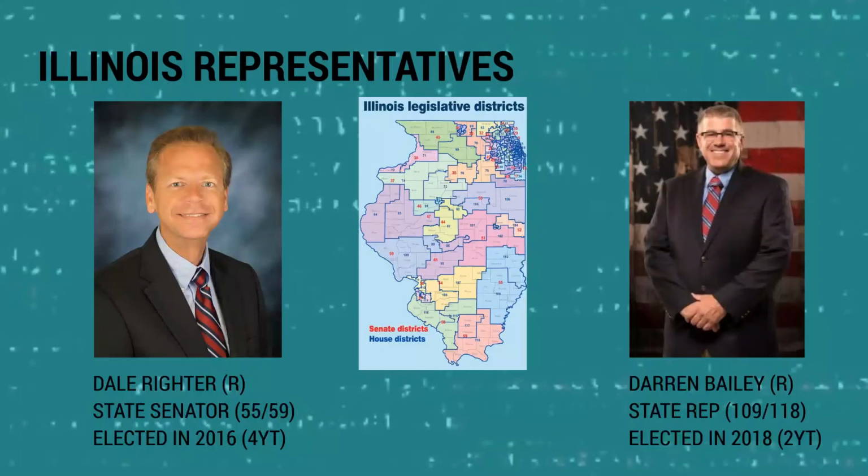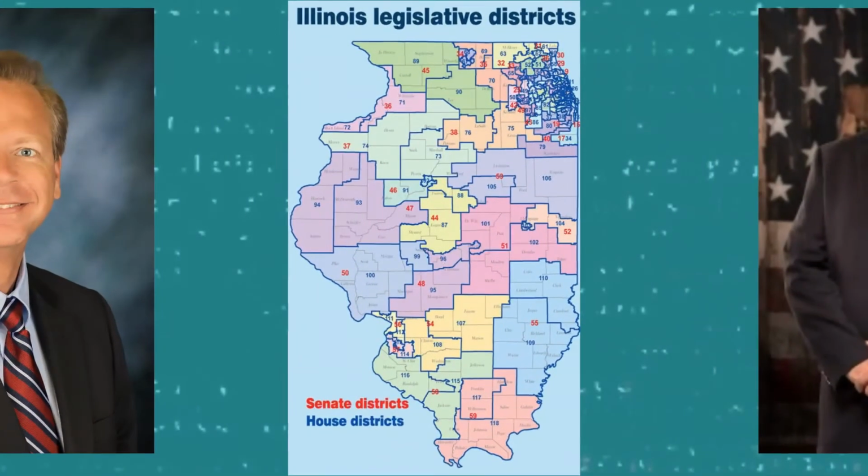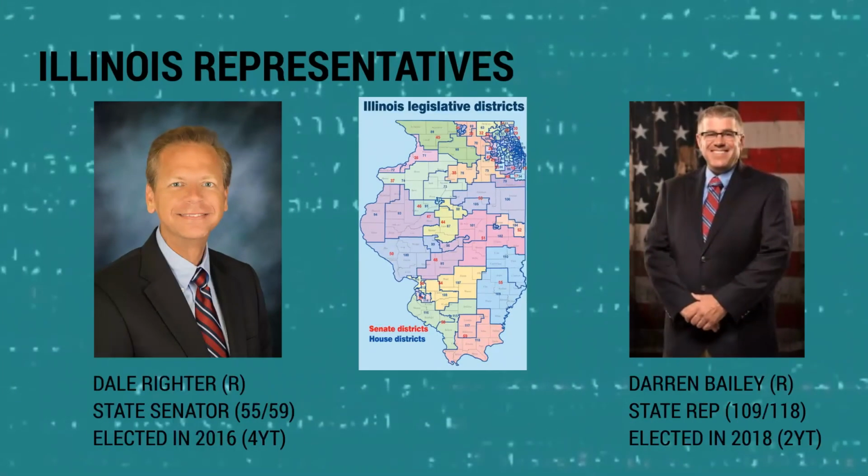We are in the 109th district when it comes to our House. If you look on the map there, I'm going to see if I can zoom in on that a little bit. We're in the 109th, if you can find that down there in southeastern Illinois. But then you can see it's part of a larger blue area. We are in the 55th Senate District. Okay, so that shows you where we're at, and these are the 2 gentlemen that are currently representing us.